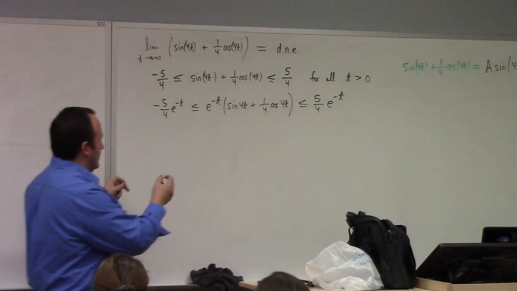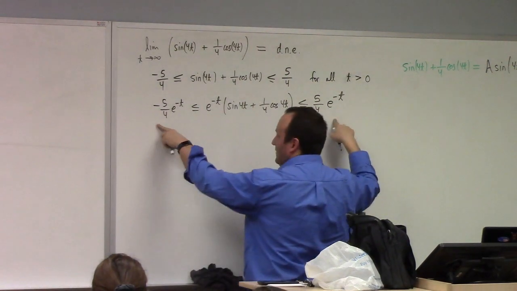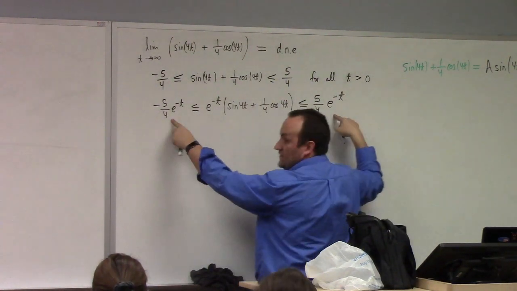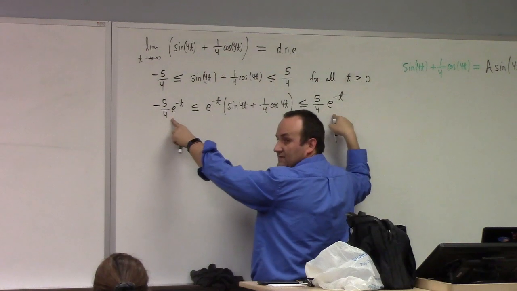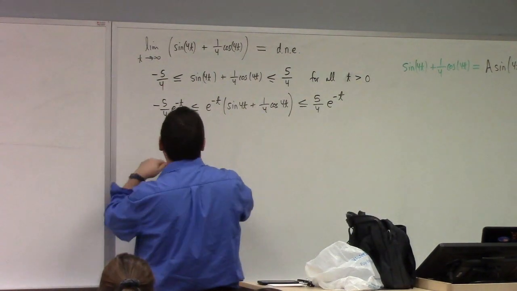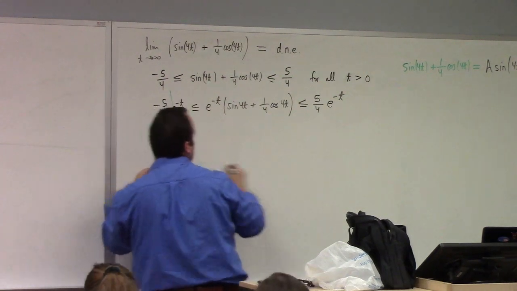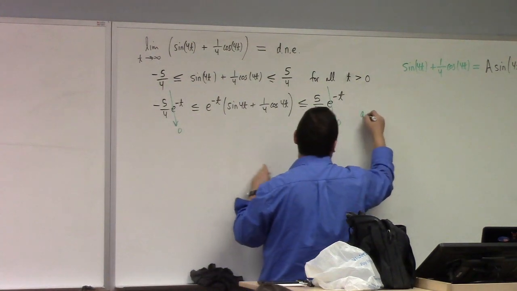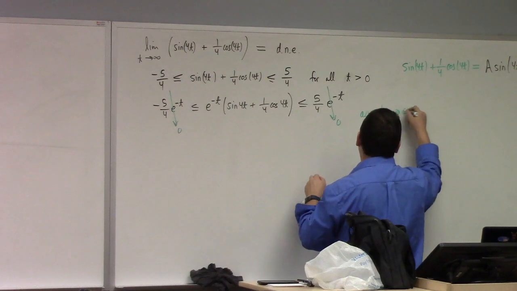And I think we have everything we need, because now we have that this is bounded by these two things. What happens with these two things as t goes to infinity? Right. So this goes to 0, and that goes to 0 as t goes to infinity.